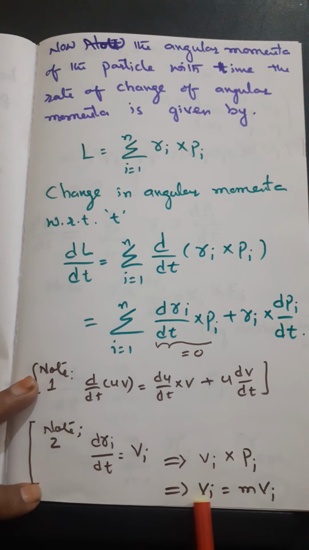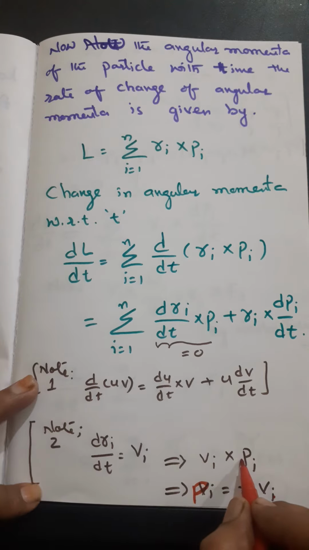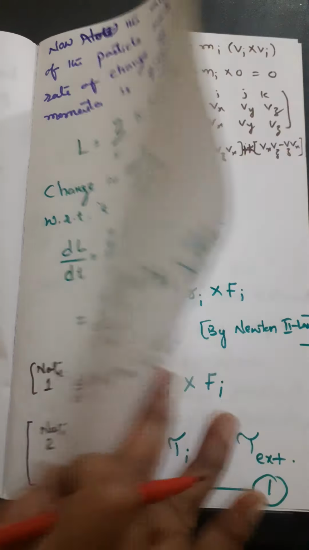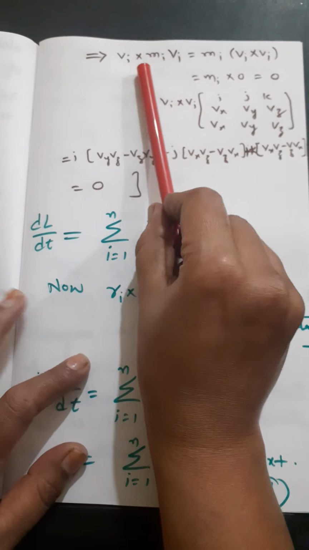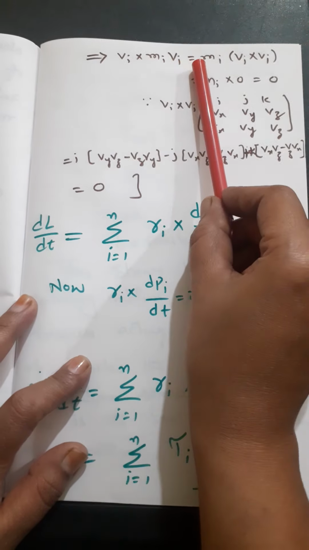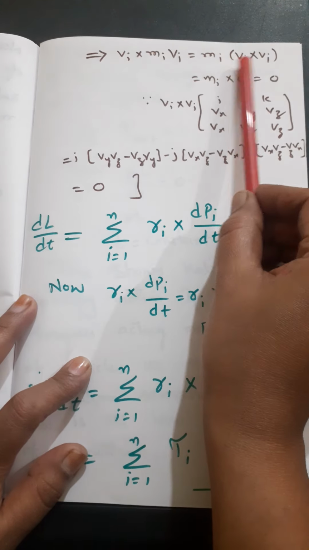We know that p_i is equal to m into v_i. So I can write here v_i cross m_i v_i. So this is equal to m_i, and I take out the m_i, v_i cross v_i.